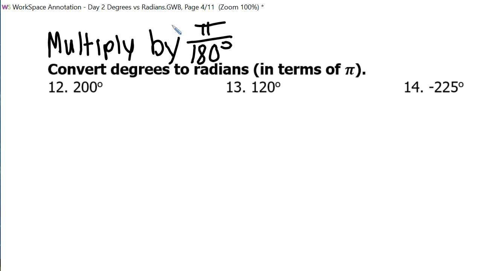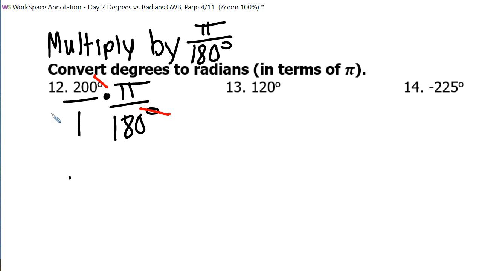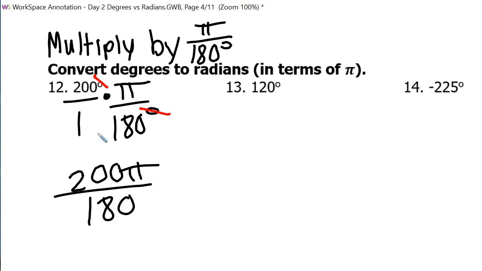So if I do that, multiply 200 degrees by pi over 180 degrees. Now the reason why the degree has to be in the denominator is that way the degree symbol in the numerator will cancel with the degree symbol in the denominator. And now, if I make this into a fraction and multiply the numerators, that would be 200 pi over 1 times 180 is 180.